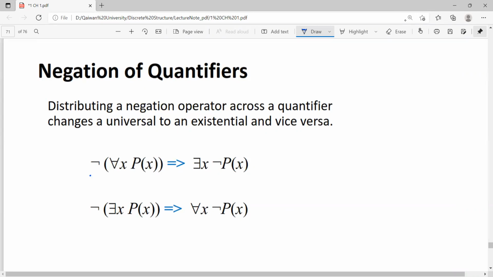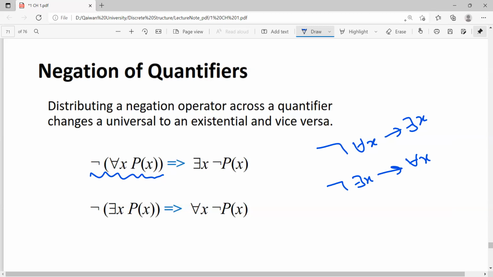We say the negation of for all x p of x. Here the negation of for all x is there exists x, and also the negation of there exists x is for all x.